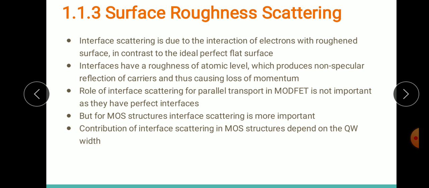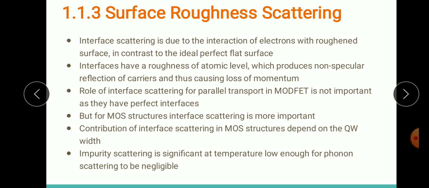As the wave functions penetrate deeper, more electrons are exposed to your interface roughness, because of which your scattering increases. This is the reason for the decrease in mobility at a particular gate voltage.